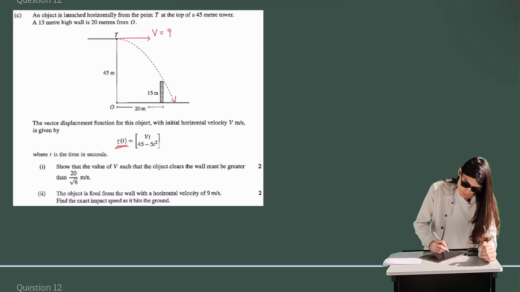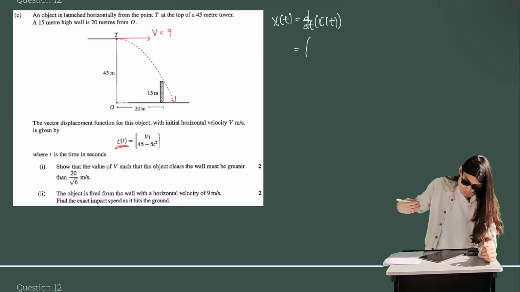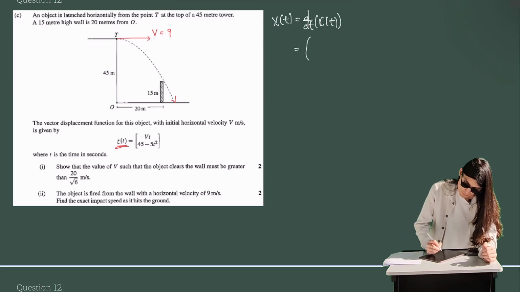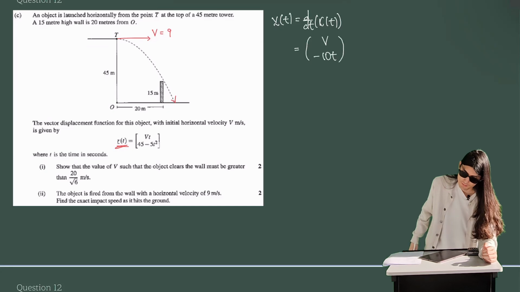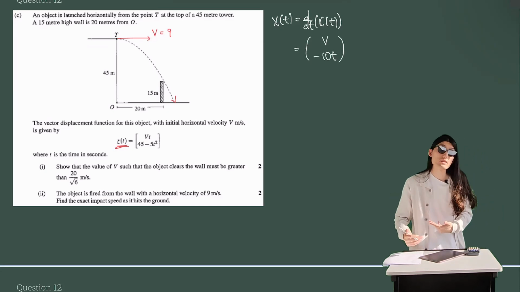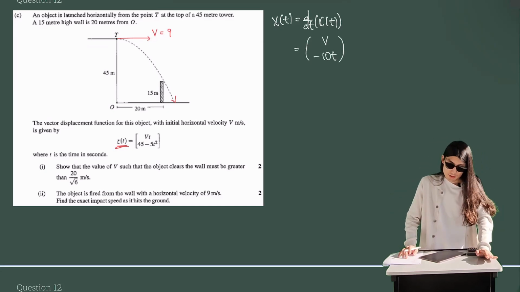So I'm actually going to begin the question by differentiating the displacement vector, which for its i component, I would just get v. And for its j component, I would get minus 10t. Okay, that's the velocity vector of my projectile, isn't it?